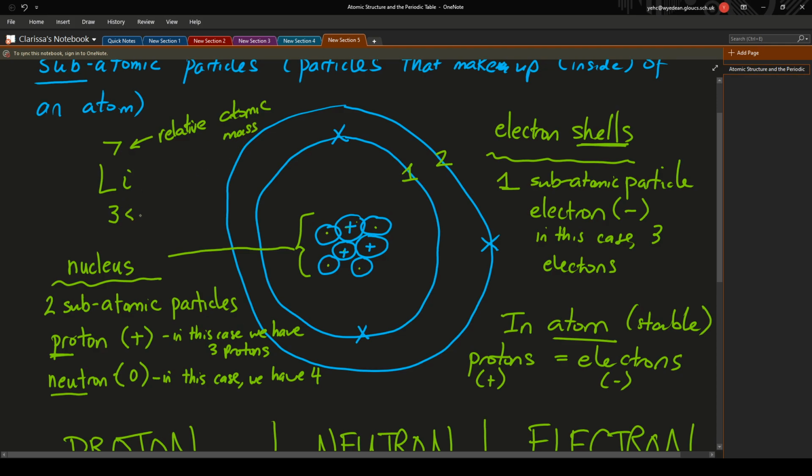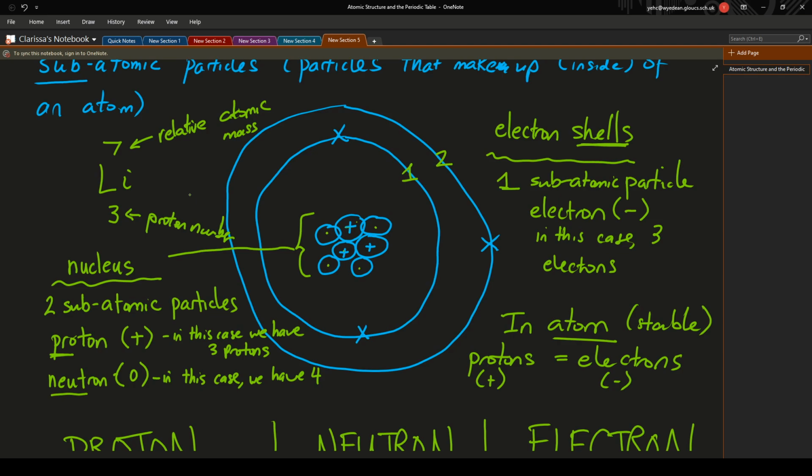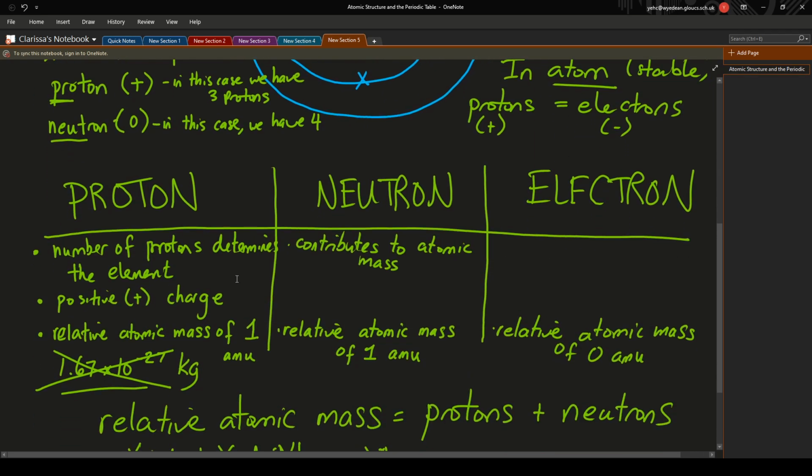And our 3 is our proton number. So if it has a mass of 7, has 3 protons, then that means the other four are going to be neutrons because they're going to add up to the total mass. Remember, we don't count electrons because they're not really worth much at all. So the neutrons contribute to the relative atomic mass, and it has a neutral, so 0 charge.